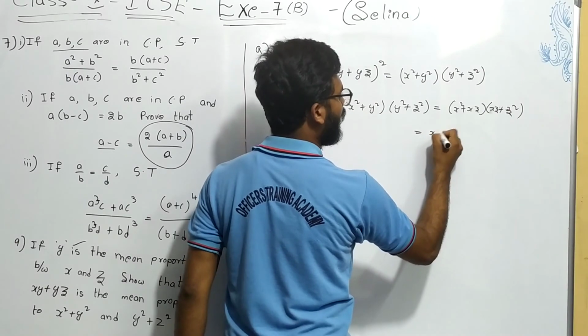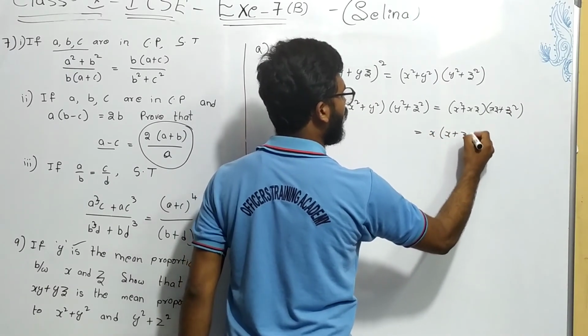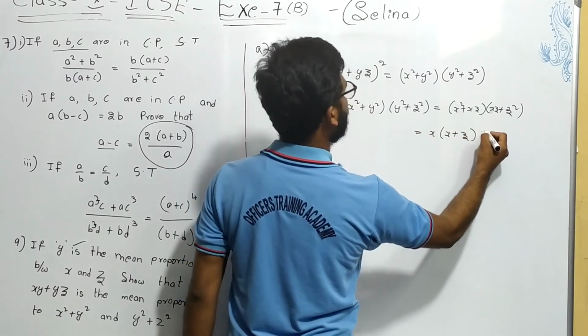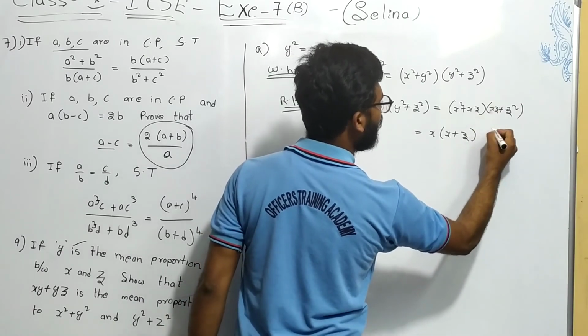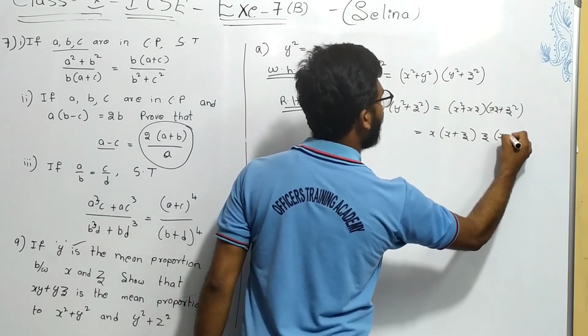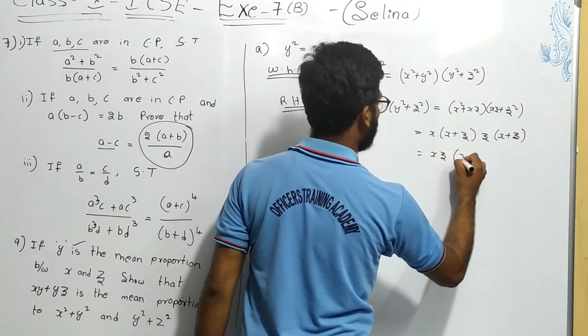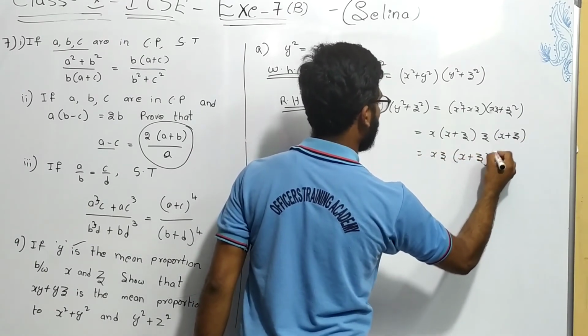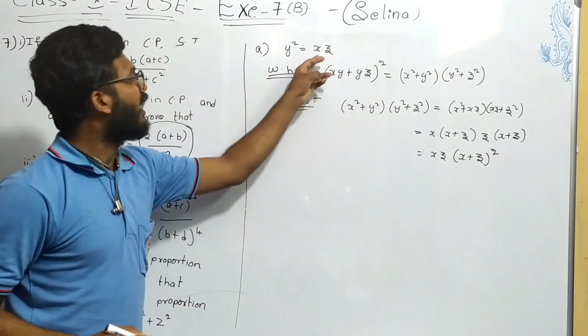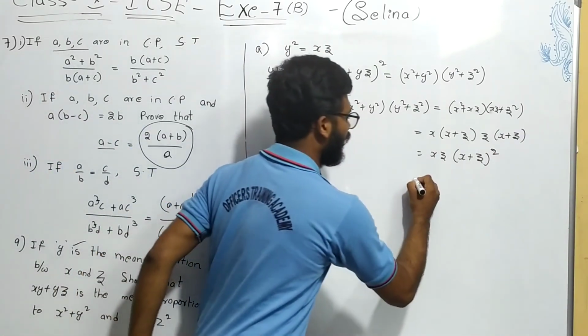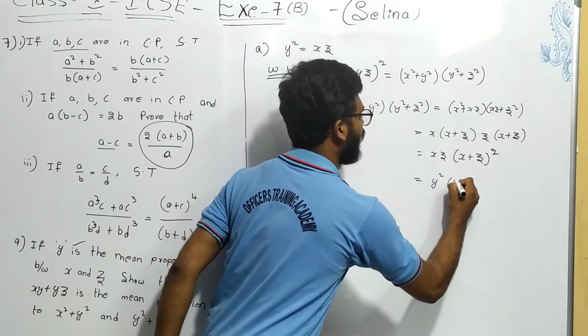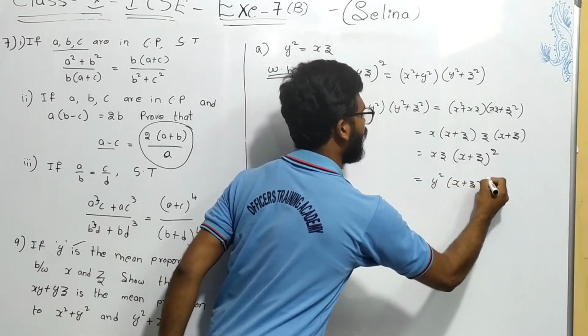From first one, x is common. x into x plus z, into how much will we get? z into x plus z. So xz into x plus z whole square. So I know xz is nothing but y square again, right? So y square into x plus z whole square.